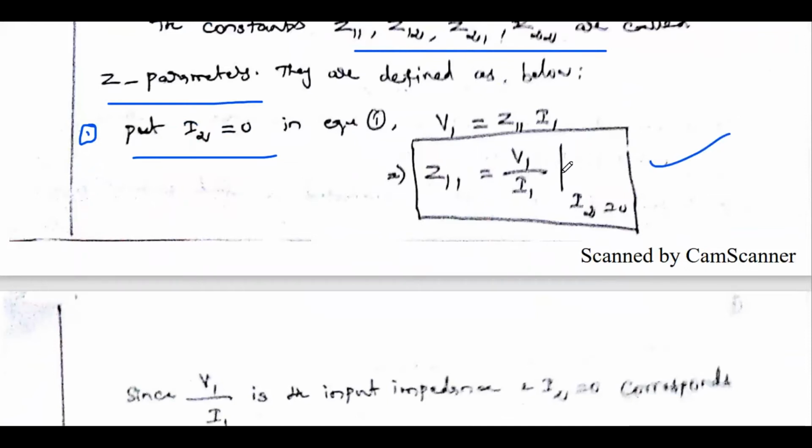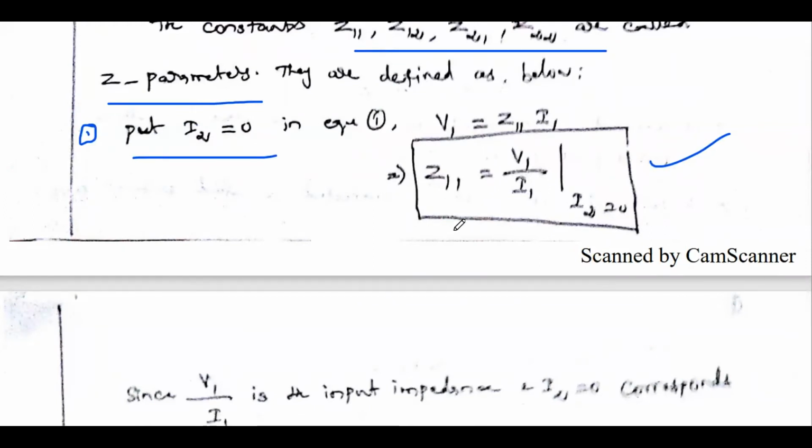According to this definition, Z11 is the ratio of input voltage divided by input current. The ratio of voltage divided by current is called impedance. So it is called the input impedance.